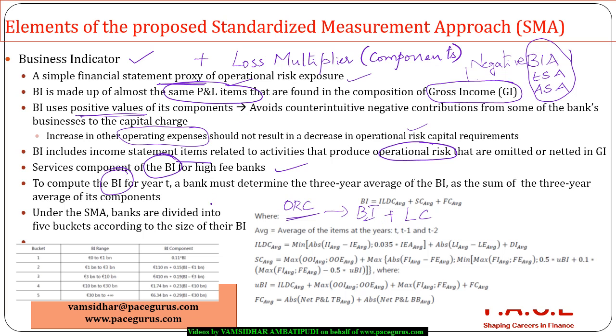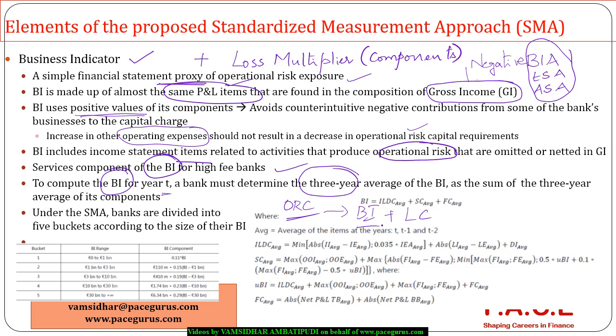If I have to compute the business indicator for year T, just like the gross income approach, here also the banks need to compute the business indicator for the 3 previous years. The average of those 3 years of BI needs to be taken, and that is purely based on the average of all their components.